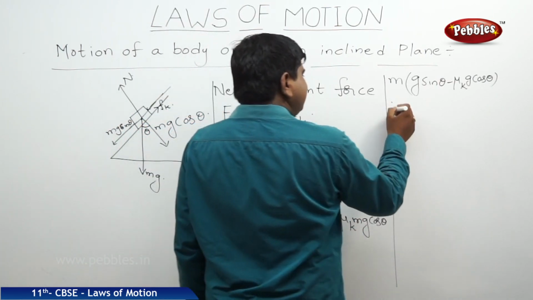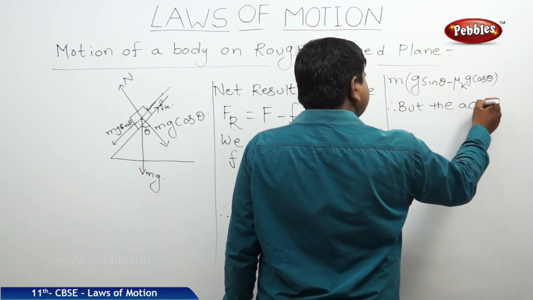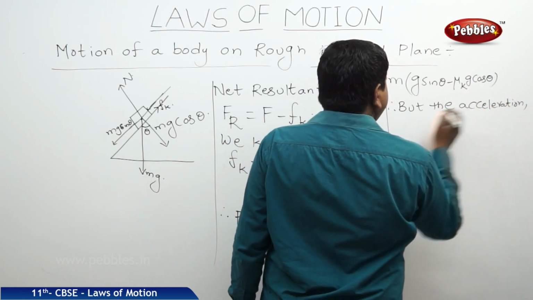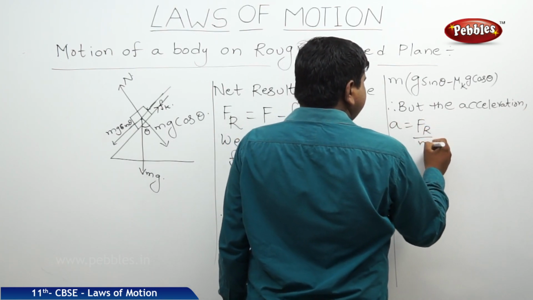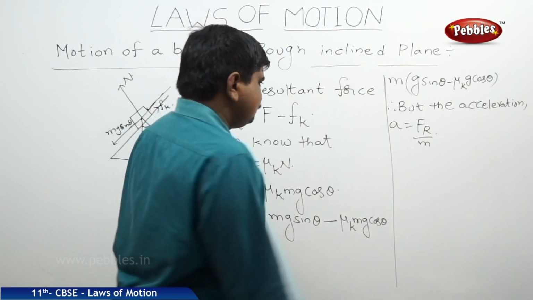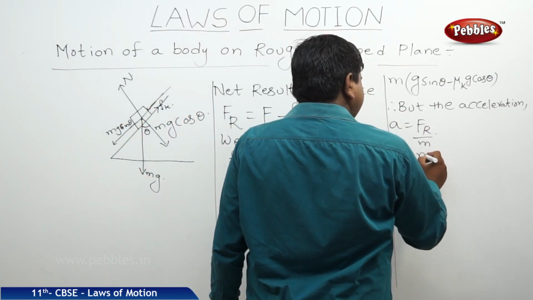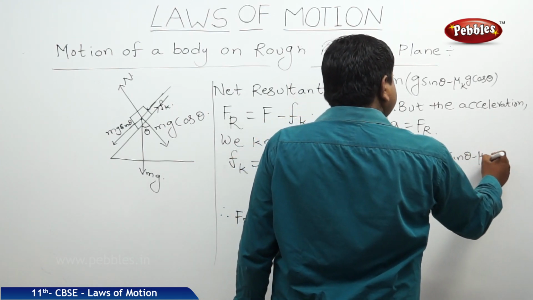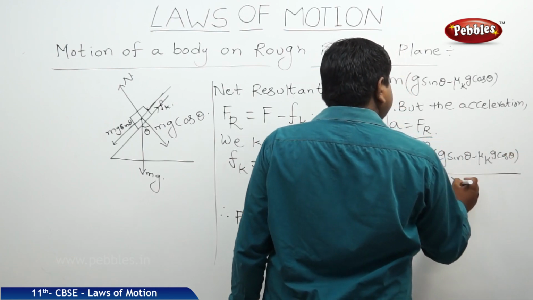But the acceleration of the body, a, is equal to Fr by m. So the acceleration is equal to m into (g sin theta minus mu k g cos theta) by m.